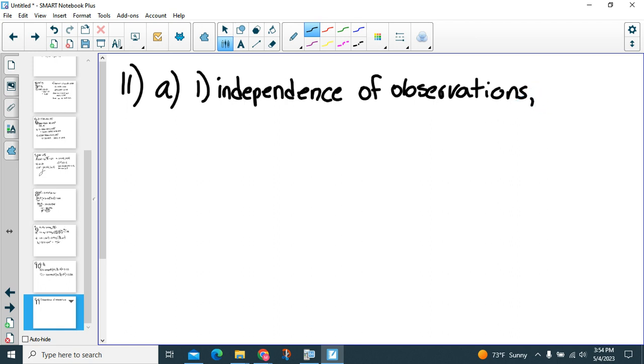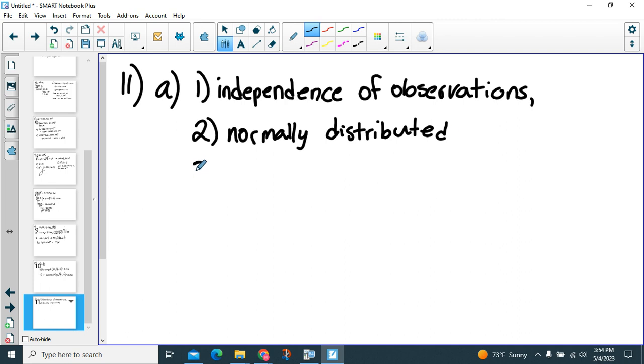The other one is that they should be normally distributed. And the last one is that they have equal variances, or standard deviations.